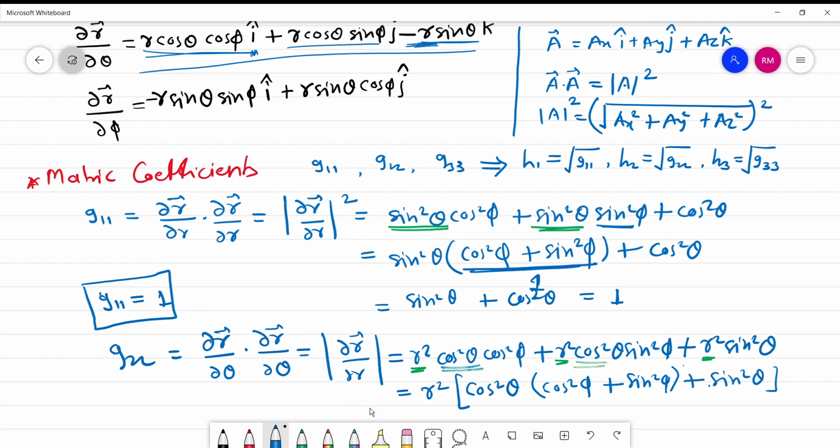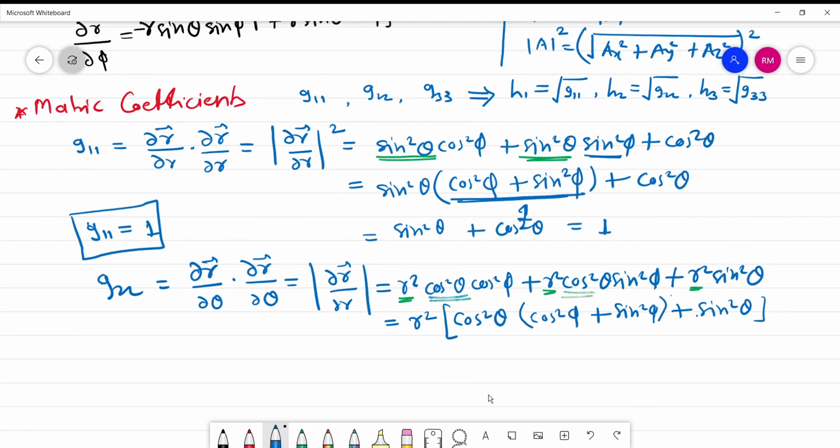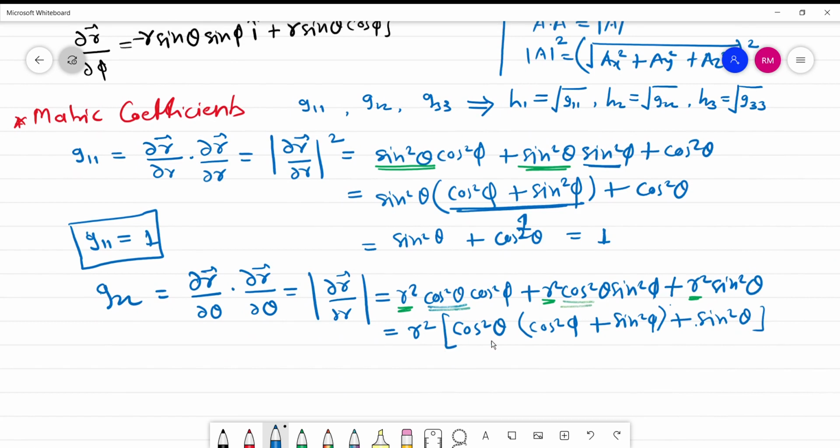What I did here: each term contains r squared, so I took r squared common, and then from the first two terms I took cos squared theta common, and then there is the remaining part of the third term, which is here. I hope it is clear.